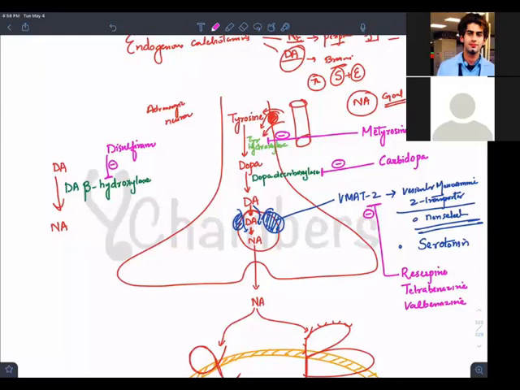Now, if you want to prevent, I should write another drug for you. Tetrabenazine.